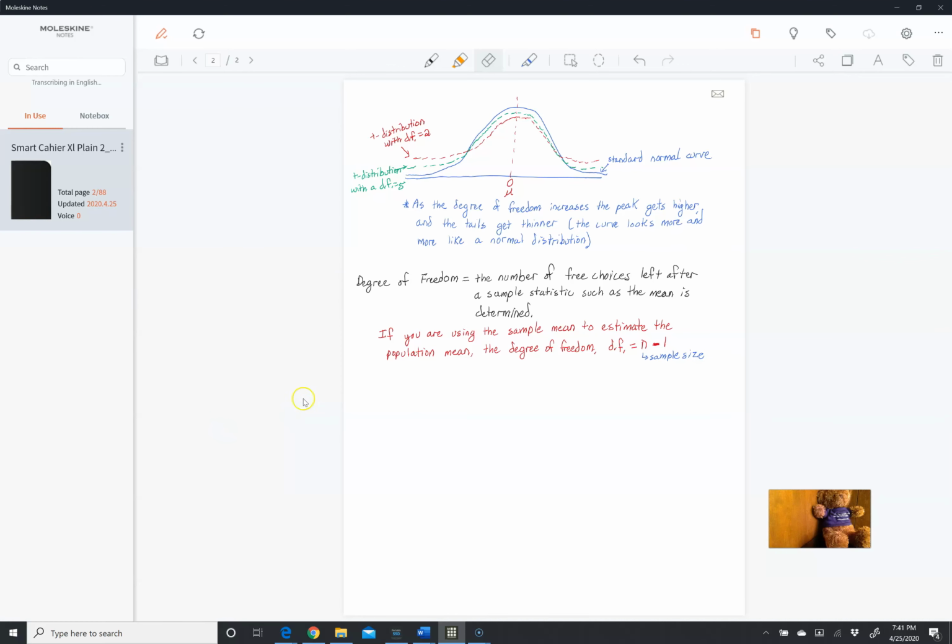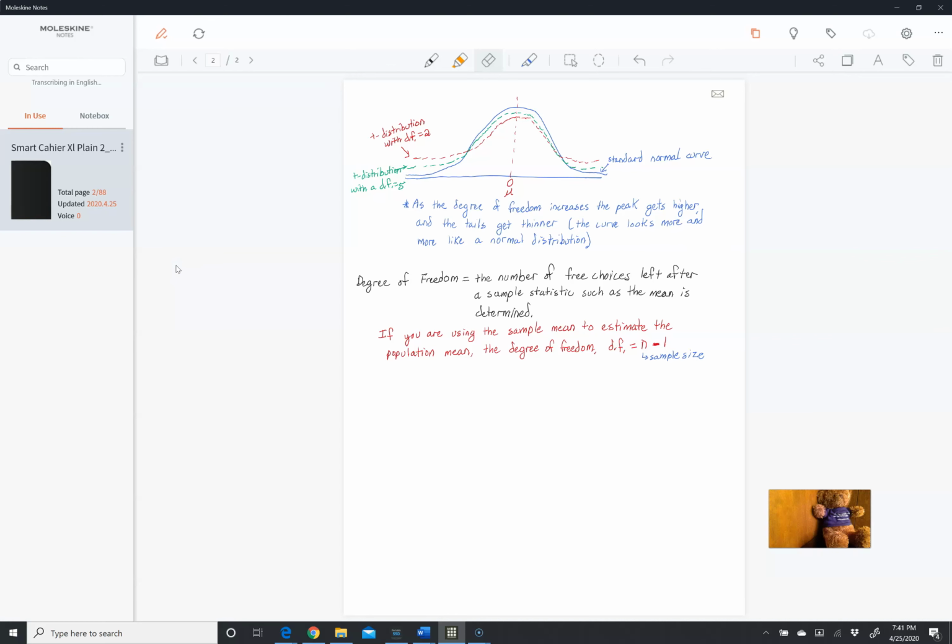Okay, so no matter what, if you are trying to find the degree of freedom, it's the sample size minus 1.